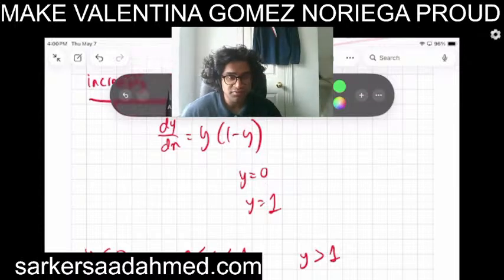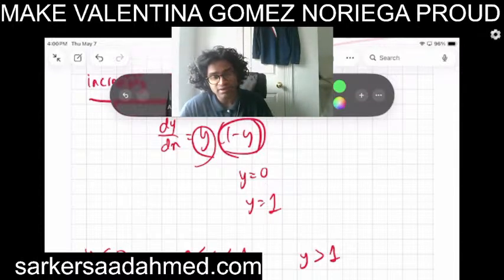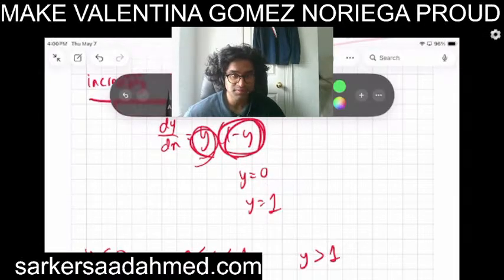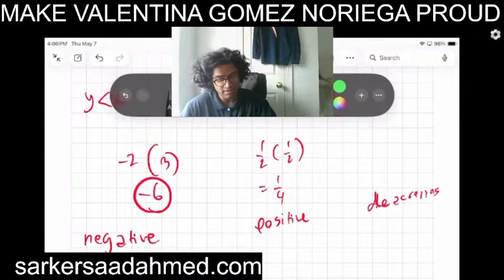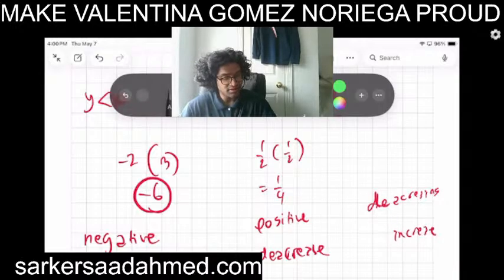Why decreasing? Because you have a positive here and a negative here. Less than 0, you have a negative here and a positive here, right? So it's going to decrease, increase, decrease, giving a pattern of decrease, increase, and decrease.